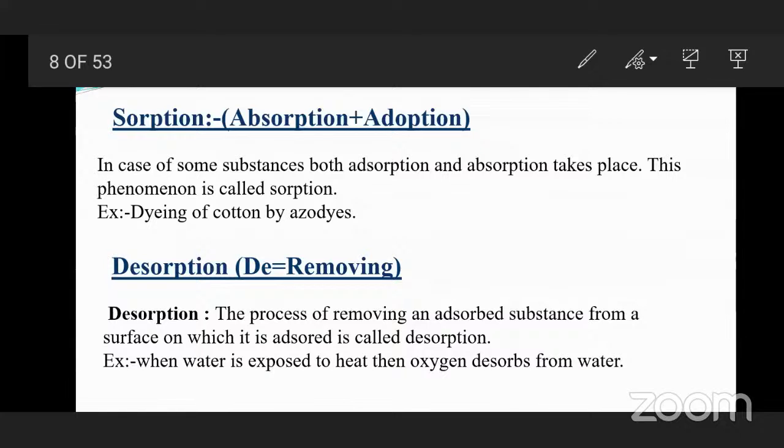The best example for sorption is dyeing of cotton by azo dyes. The best example for desorption is when water is exposed to heat, then oxygen dissolves from water. Okay students, are you following me? I hope you understand my concept.